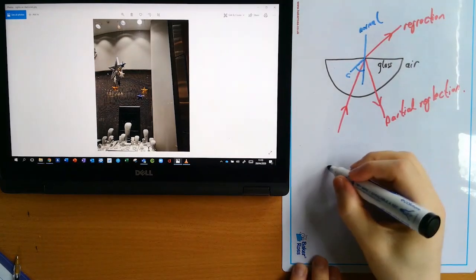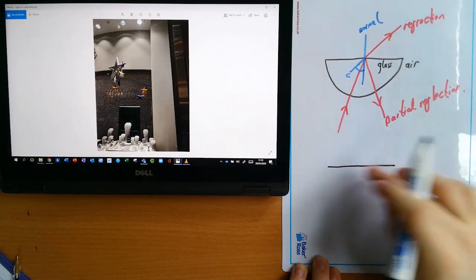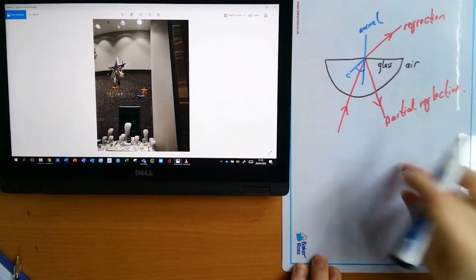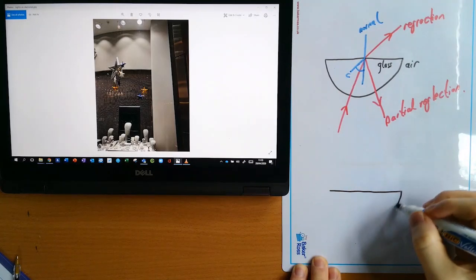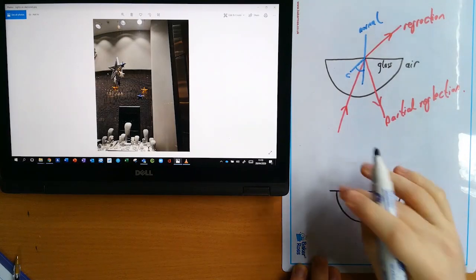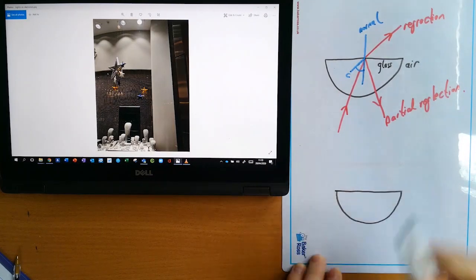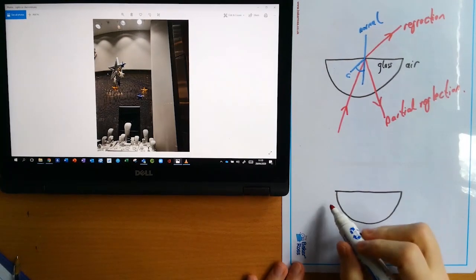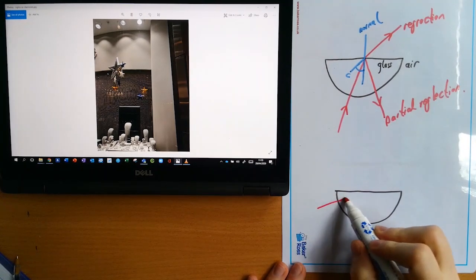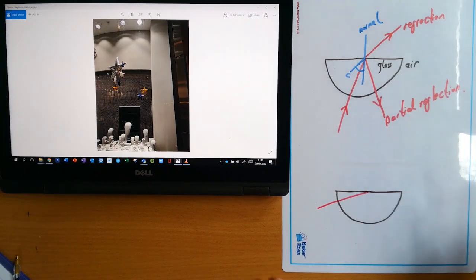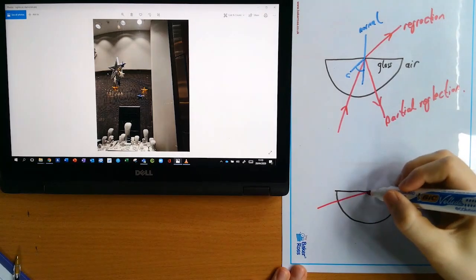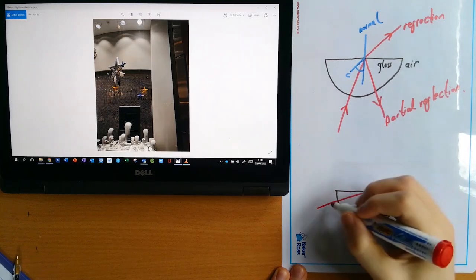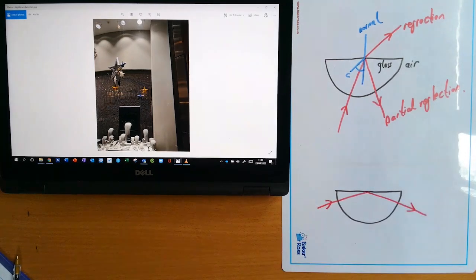Now, if I draw a second diagram, giving myself a bit more space, here, if I draw the ray obviously greater than the critical angle, then we will get total internal reflection.